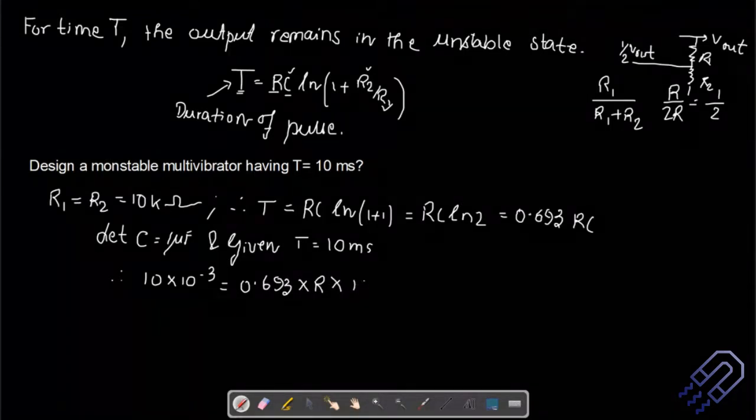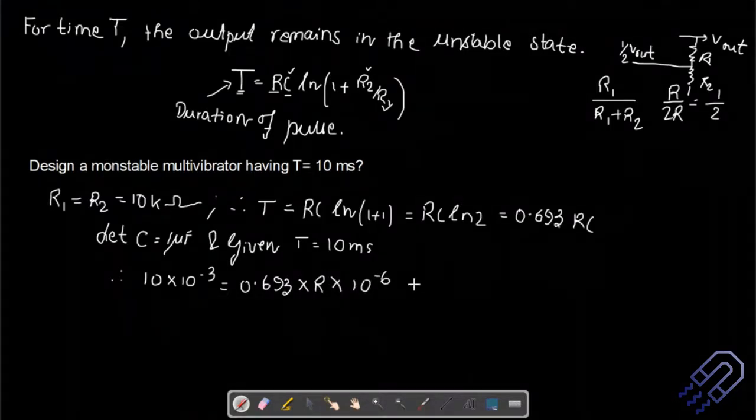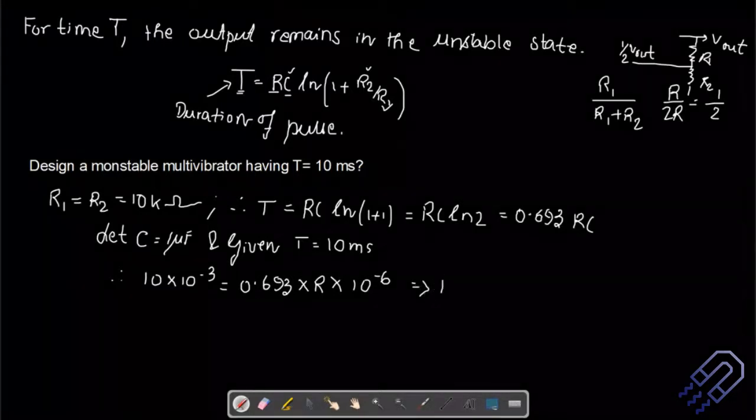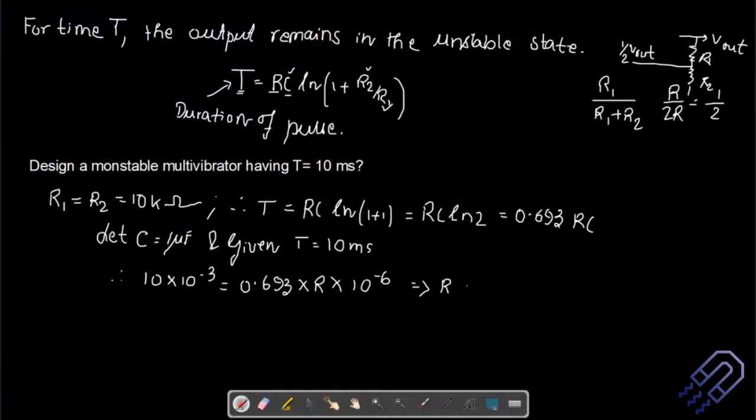The capacitor is 10 to the power minus 6 farad, right? If you do this, we get the value of R as 14.4 kilo.